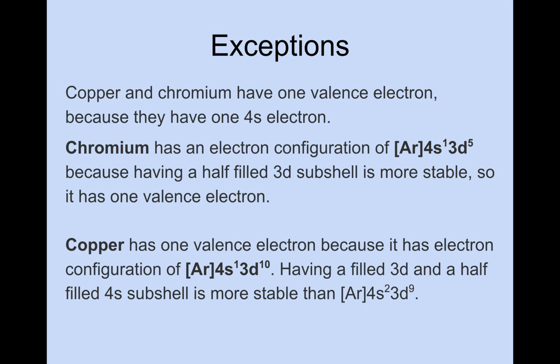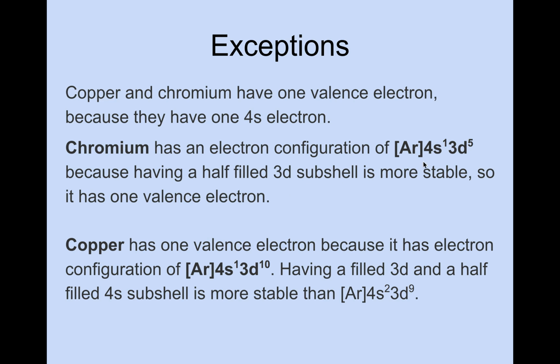Exceptions. Some atoms would be more stable by filling a d block and taking out electrons from the s block. So for example, chromium has 1 valence electron, as does copper.